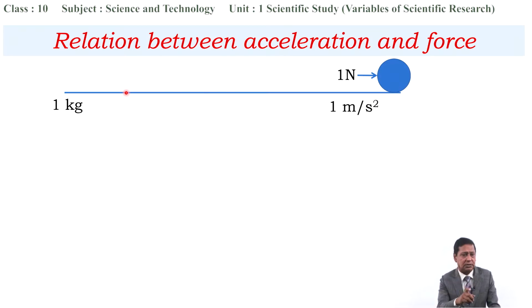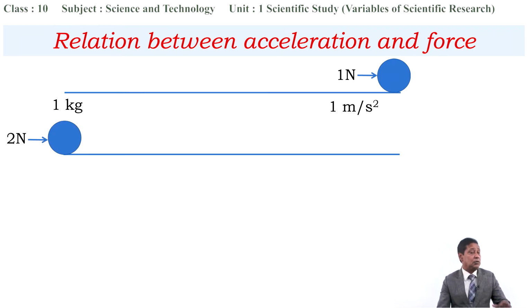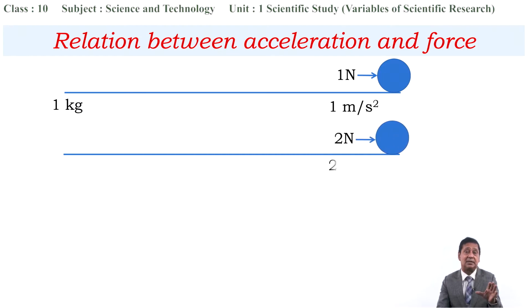When 1 Newton force is applied on this 1 kilogram mass, it moves and produces an acceleration of 1 meter per second squared. But instead of 1 Newton, when 2 Newton force is applied on the same mass, then what is seen? The motion is faster than the previous. Now acceleration is more than the previous. It is 2 meters per second squared.